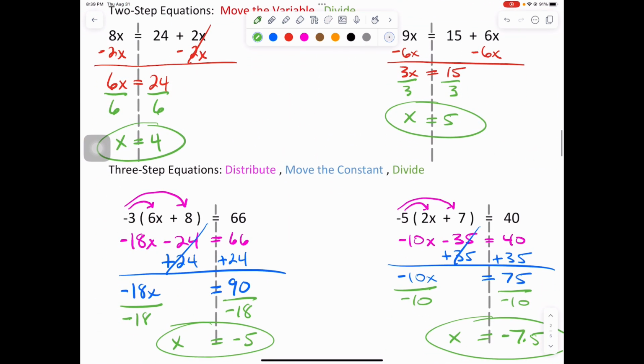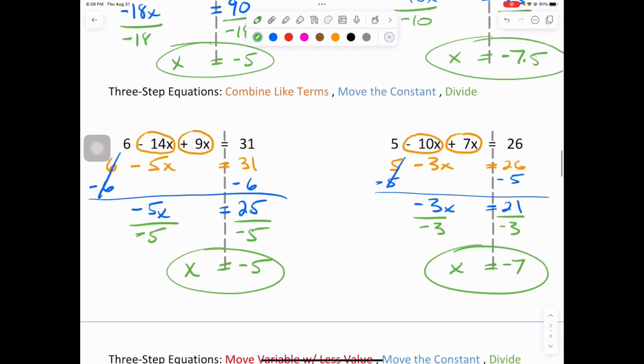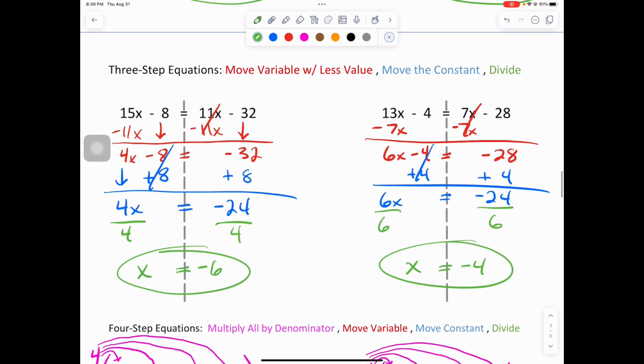For the next two, go ahead and check your work, pause it, see how we did. Wonderful. I will continue to scroll through. Go ahead and check your fifth one if you wrote it down. Okay, wonderful. And for our sixth, go ahead and check your work there.